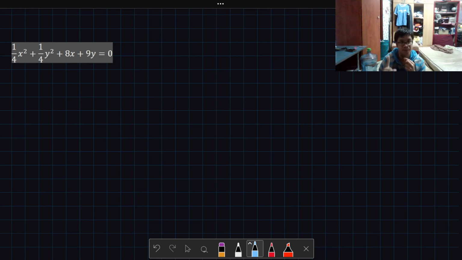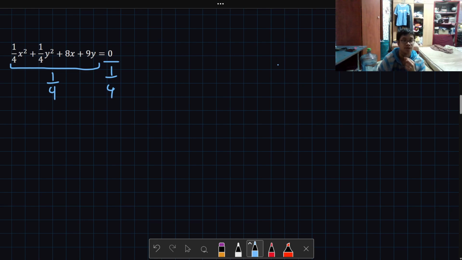So the first step again is to take a look at the coefficient of your x squared and y squared. Here we have one fourth. So it's not one, but one fourth. So here, we're going to divide both sides by one fourth. Okay. So let's do it slowly. One fourth, let's start on the left.